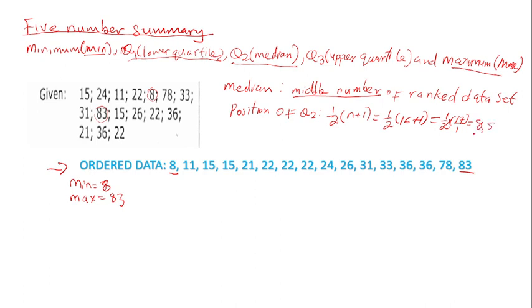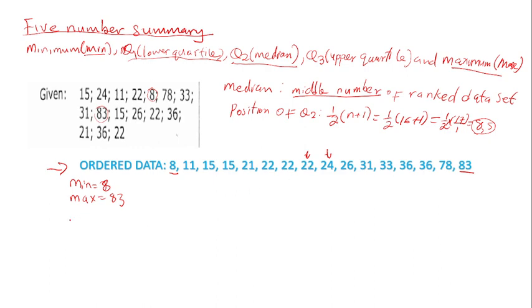Now this is just the position. It means that because we have this decimal, we take the 8th and 9th numbers, then add them and divide by 2. Now let's count from the start: 1, 2, 3, 4, 5, 6, 7, 8. So this is number 8, and because it's a decimal, we include the next number. So we must take these two numbers, add them and divide by 2.